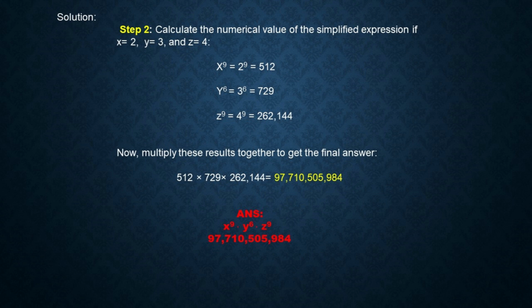Step 2. Calculate the numerical value of the simplified expression if x equals 2, y equals 3, and z equals 4. Now, multiply these results together to get the final answer.